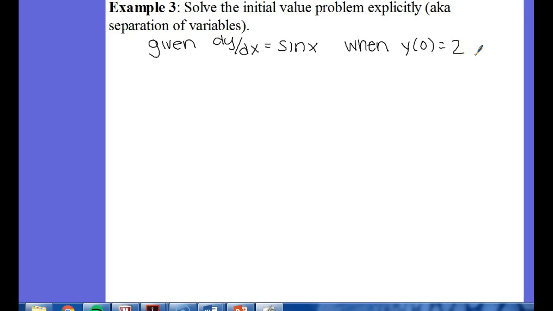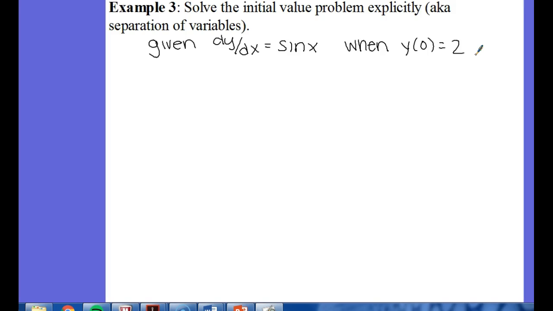Again, we've looked at problems like this, except instead of telling you dy dx, they've pretty much said y equals the integral of sine dx, or they gave it to you a little differently. But again, we are simply applying the fundamental theorem of calc again.